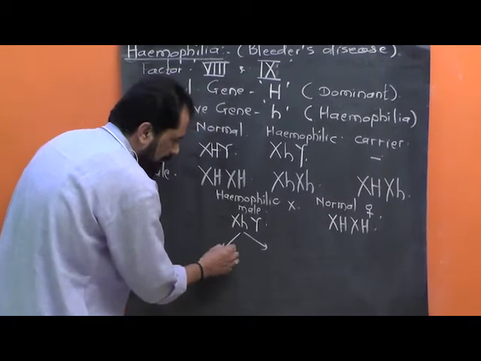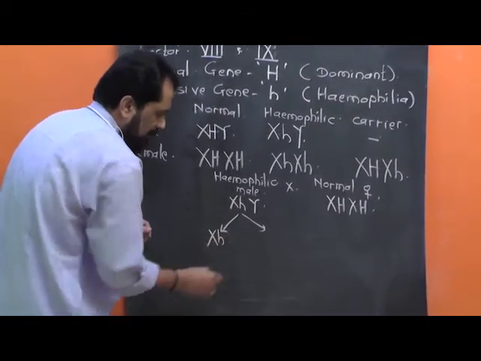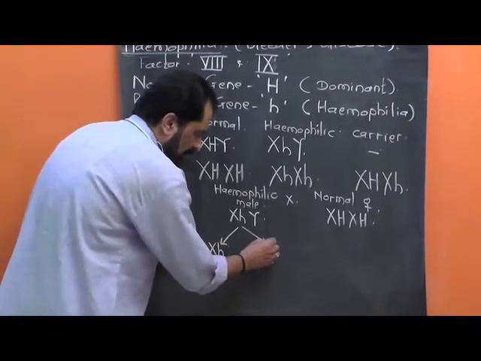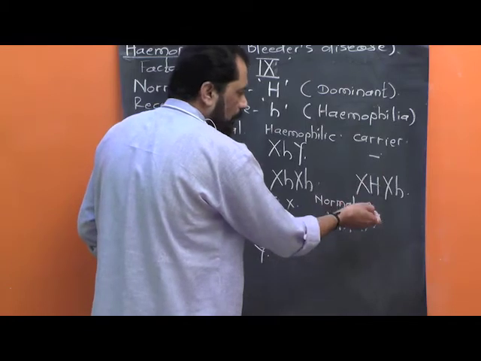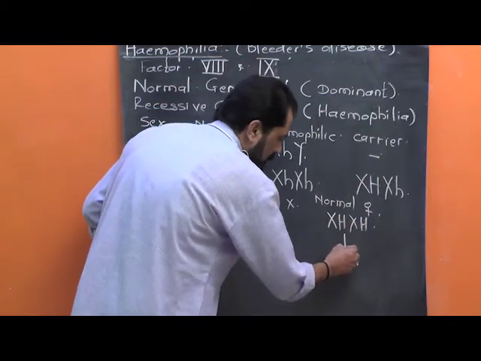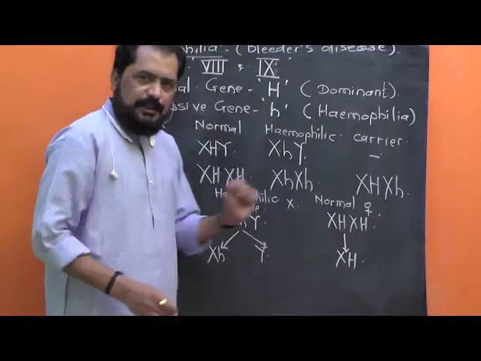Two types of gametes are produced by hemophilic male. Half of the gametes with X small h, half of the gametes with Y. And as the female is homozygous dominant, so it produces all identical gametes, that is X capital H.